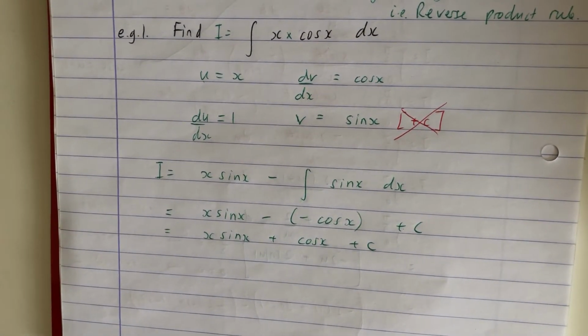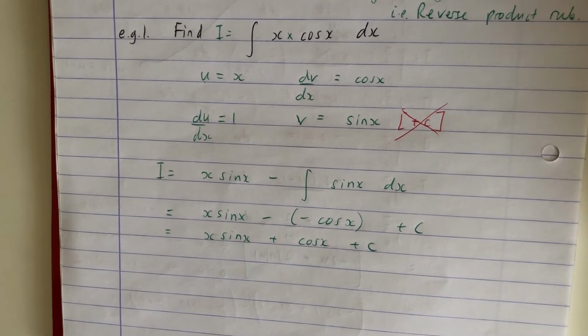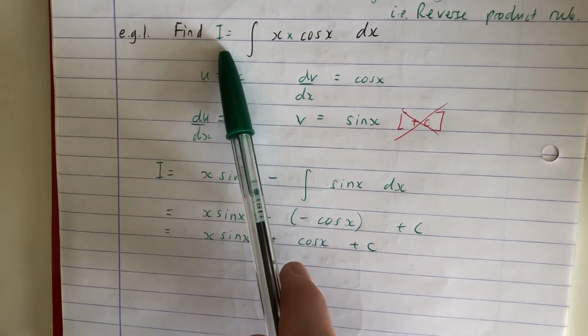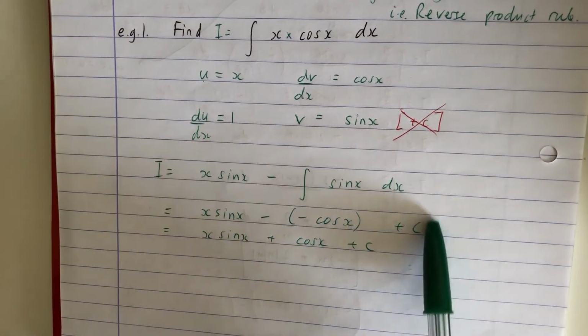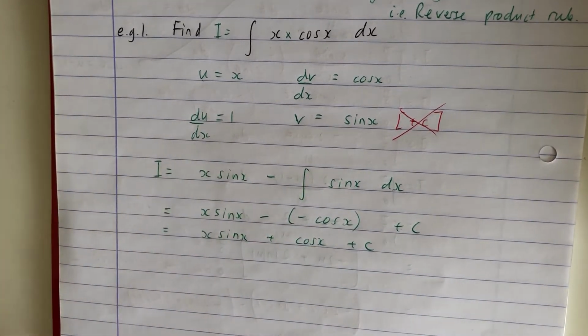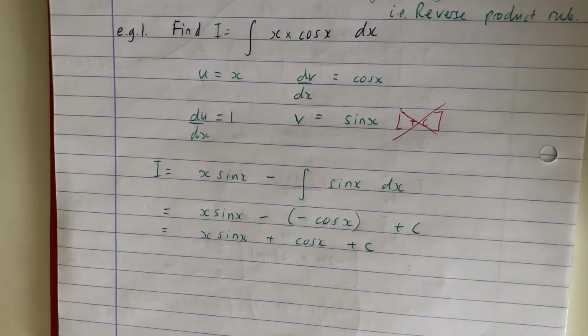So integration by parts is the reverse of the product rule, and you start off with an integration you can't do, and you end up with an integration you can do, and then you just integrate, and remember the plus c is normal. So reverse of the product rule. See what an example number 2 would look like.